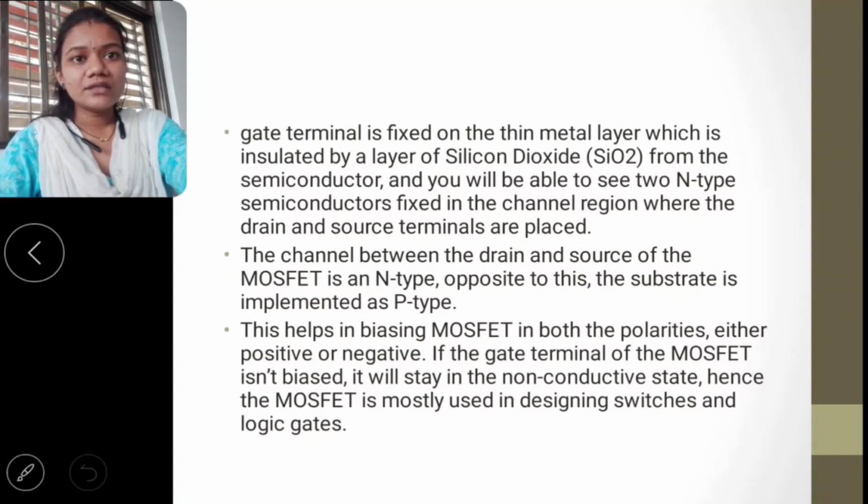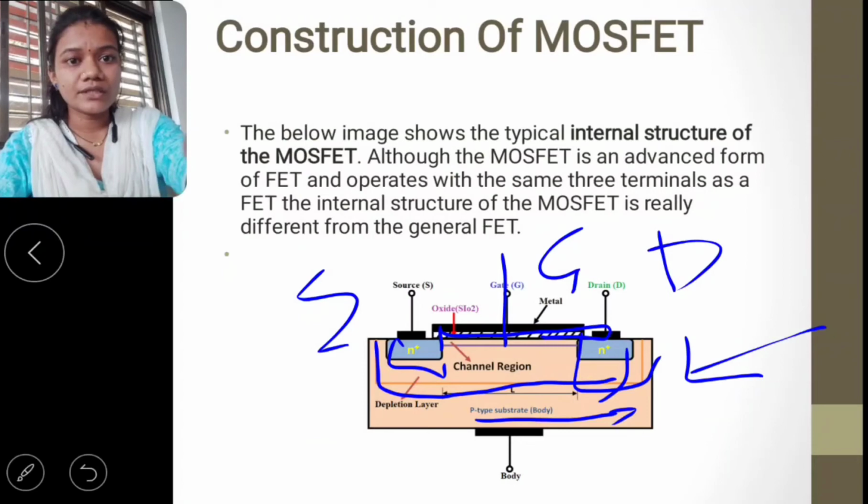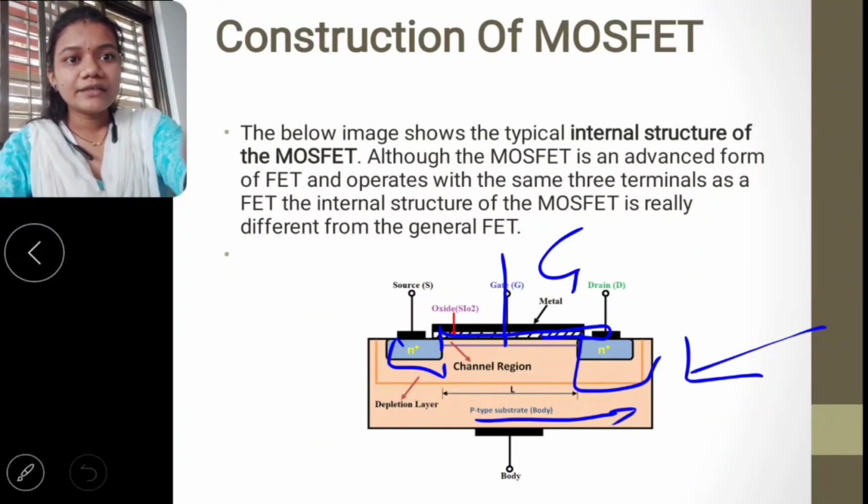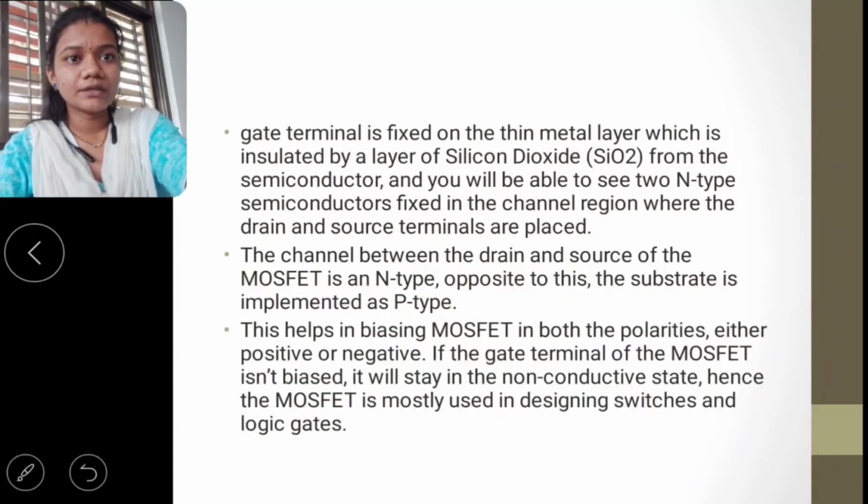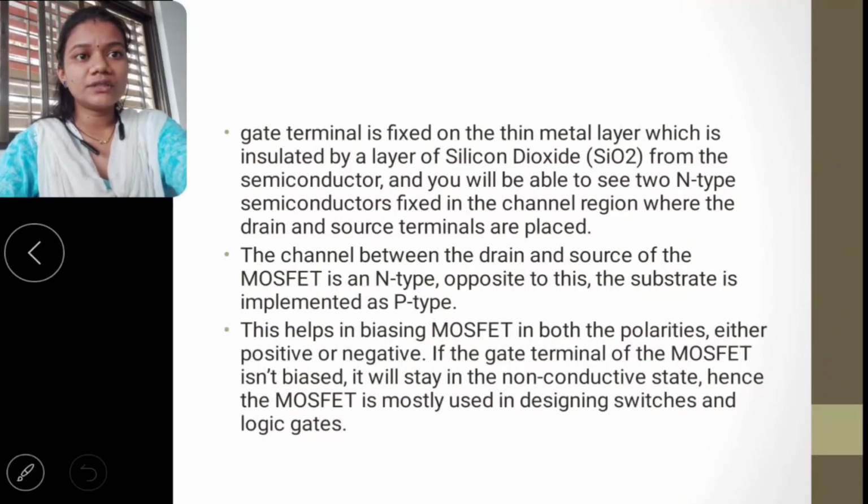As we see in the image, the gate terminal is fixed on the thin metal layer, which is insulated by the silicon dioxide, SiO2, from the semiconductor.